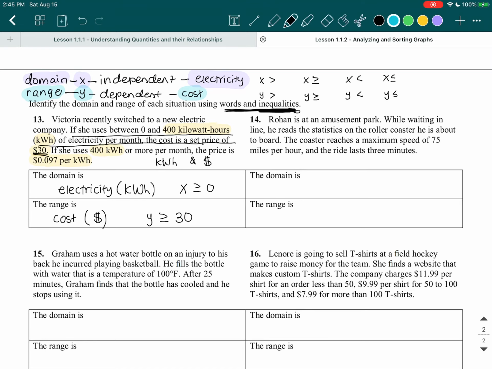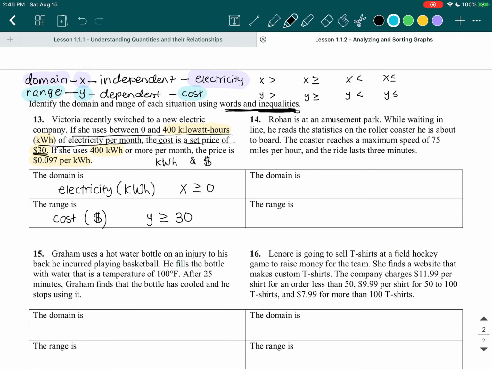Let's read number 14 together. Rohan is at an amusement park. While waiting in line, he reads the statistics on the roller coaster he is about to board. The coaster reaches a maximum speed of 75 miles per hour, and the ride lasts 3 minutes.